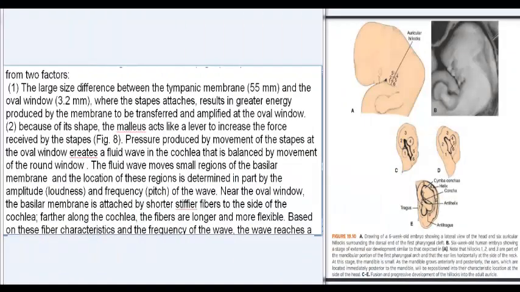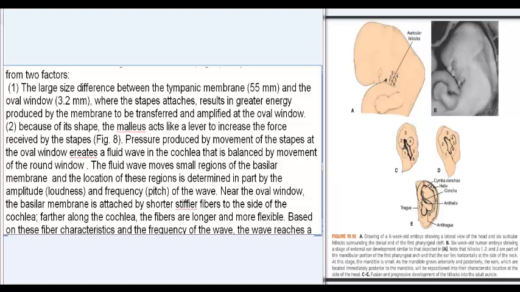The large size difference between the tympanic membrane, 55 mm, and the oval window, 3.2 mm, where the stapes attaches, results in greater energy produced by the membrane to be transferred and amplified at the oval window. 2. Because of its shape, the malleus acts like a lever to increase the force received by the stapes, Fig. 8. Pressure produced by movement of the stapes at the oval window irradiates a fluid wave in the cochlea that is balanced by movement of the round window.